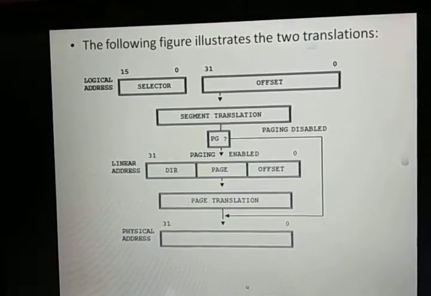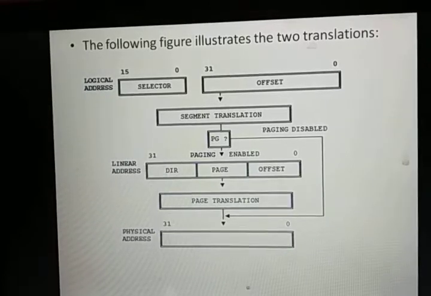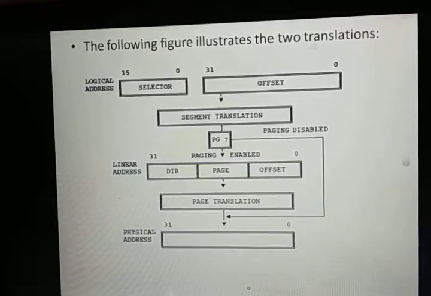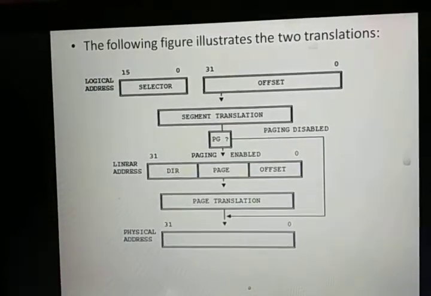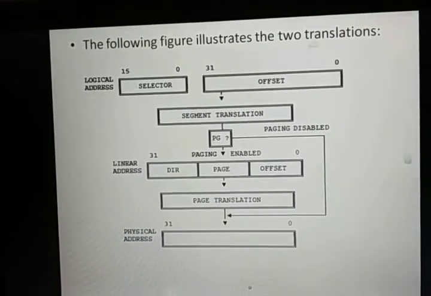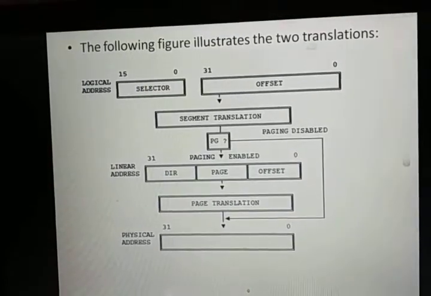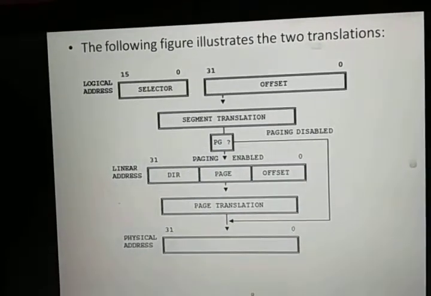At that time you check the PG bit. If the PG bit is enabled, you convert the linear address into a physical address using the page translation mechanism. But if the PG bit is 0, paging is disabled and the linear address is directly treated as the physical address.